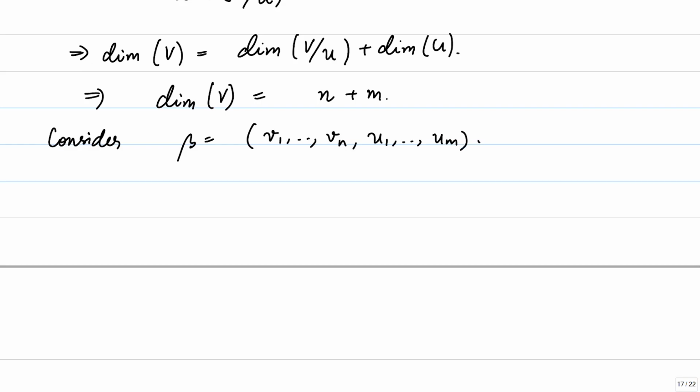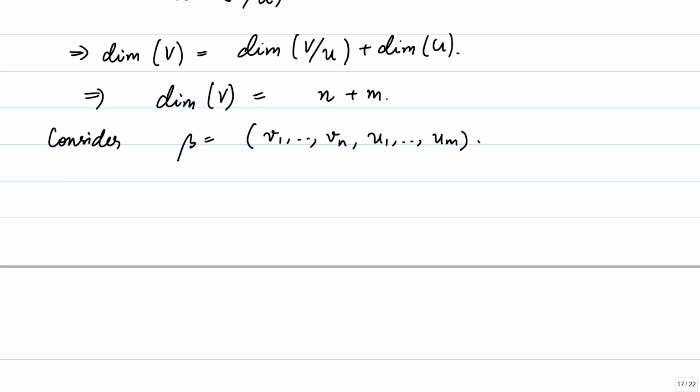This is a set consisting of precisely n plus m elements. So if we manage to prove that this is linearly independent, or if we manage to prove that this is a spanning set, if one of them is proved, then we get the other for free by one of the consequences of the replacement theorem.